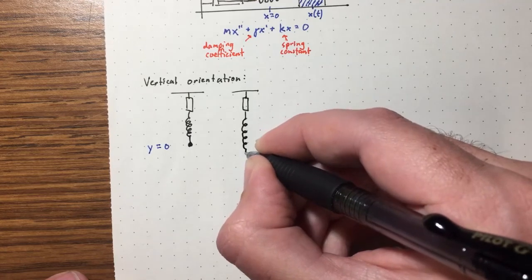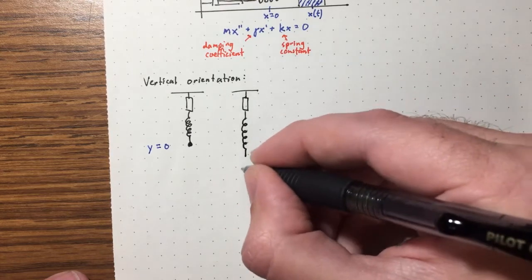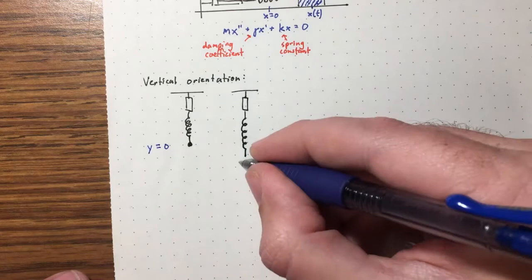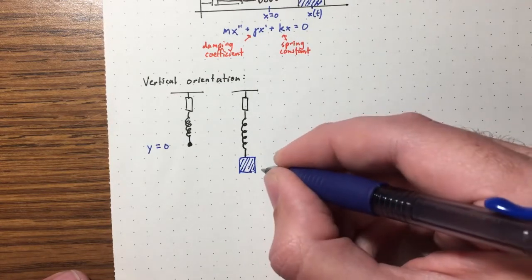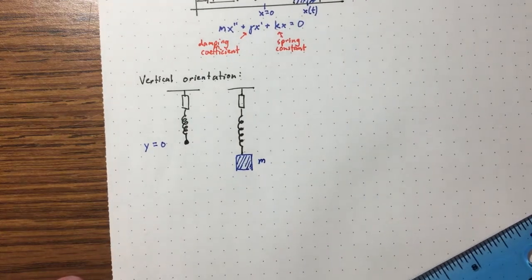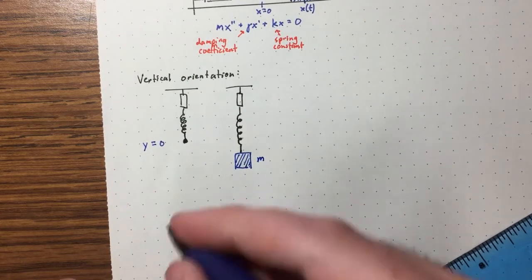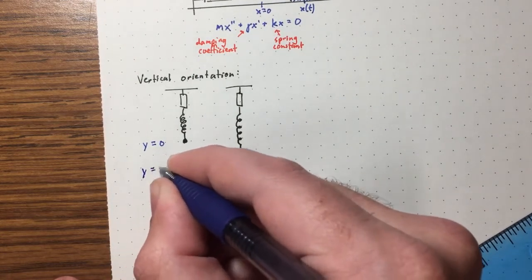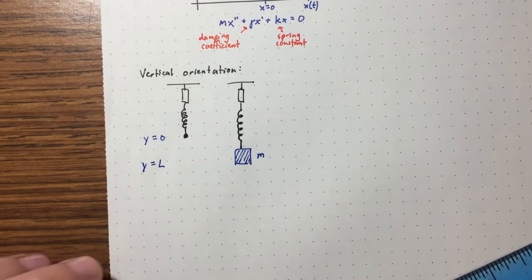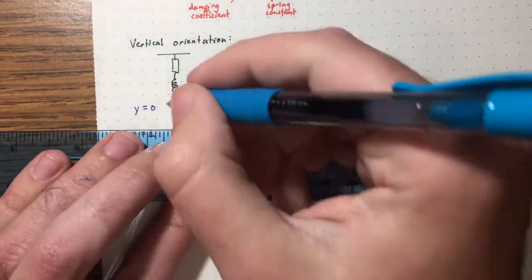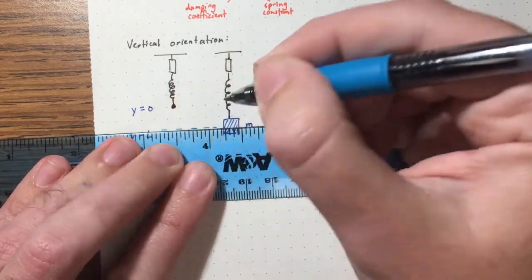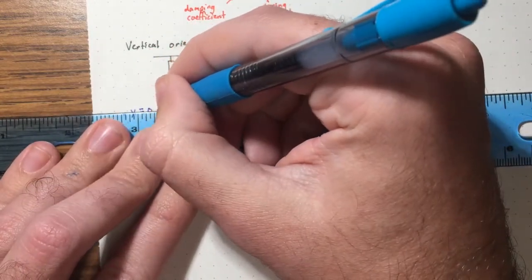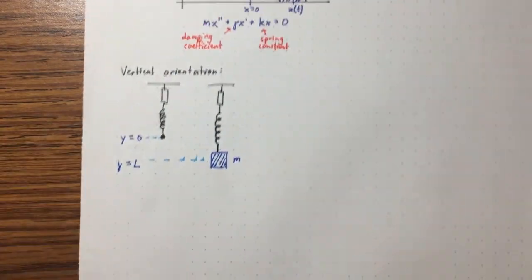This is just due to gravity. So we've attached our mass here. Here's my mass M, and let's say this new position is L. That's where the mass is after I attach it. And before I attach it, the end of the spring was just right there.